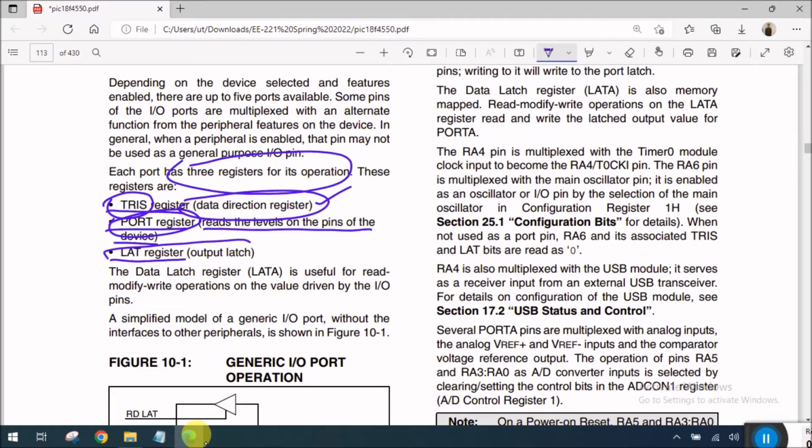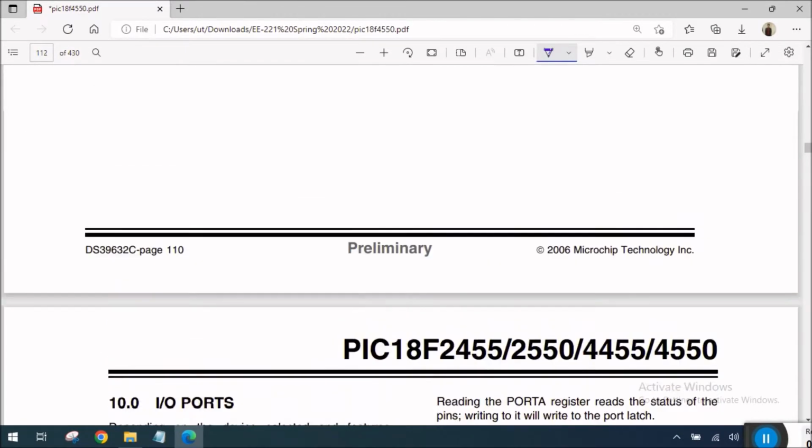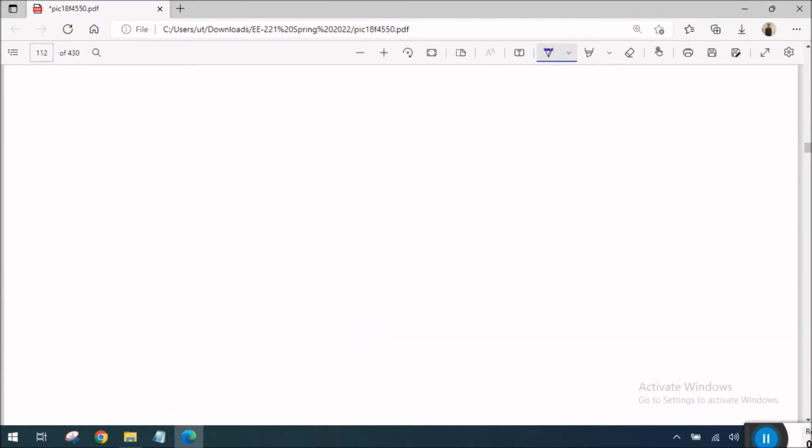And the LAT register is the output latch of this port. So why is this latch important? Let's talk about read-modify-write operations. To understand what read-modify-write operations are, when we say we have configured a port as an output port, we can see that this is a microcontroller and this is the pin.